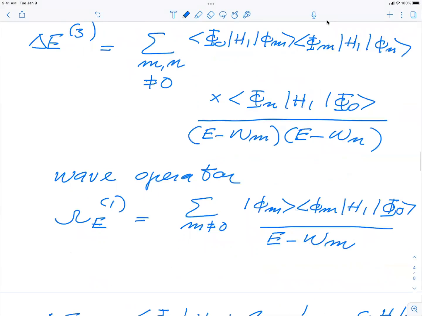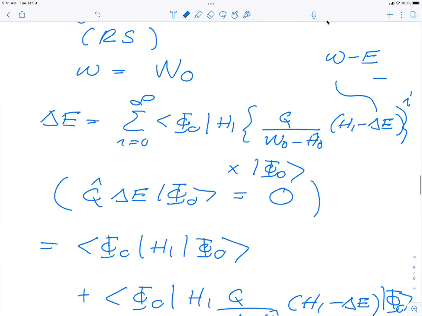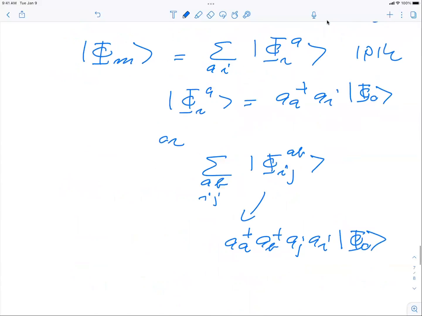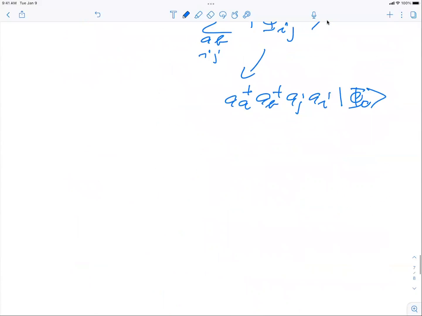Now let's take a look at the explicit expressions in Rayleigh-Schrödinger perturbation theory. Since we have decided that the interaction is just a two-body interaction, that means that we have no three-particle three-hole excitations or higher excitations.